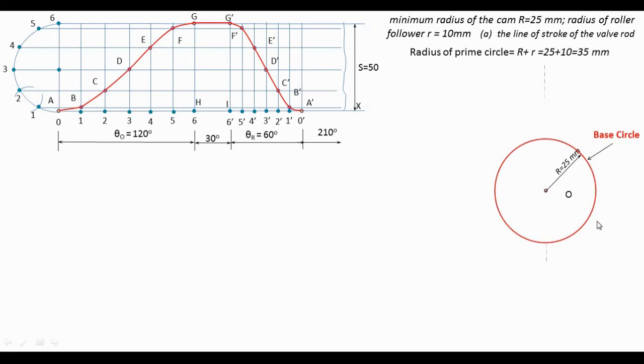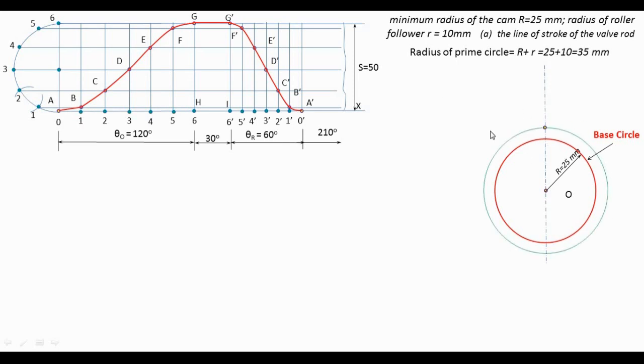Okay, so next thing is to draw a vertical line, and on this line you need to take a point, which is also called the trace point, which is going to represent the center of roller at a distance of 10 mm, because the radius of roller is 10 mm. So let us plot a point on this line. So this is the 10 mm distance, and about this point I am going to draw a circle which is representing the radius of roller.